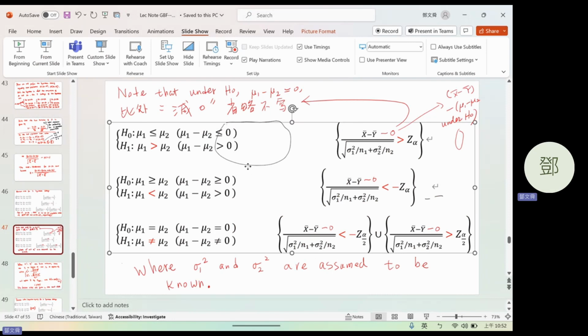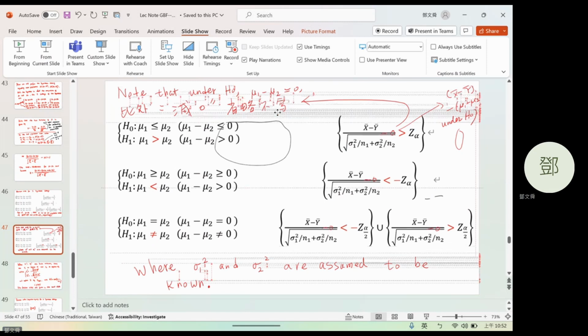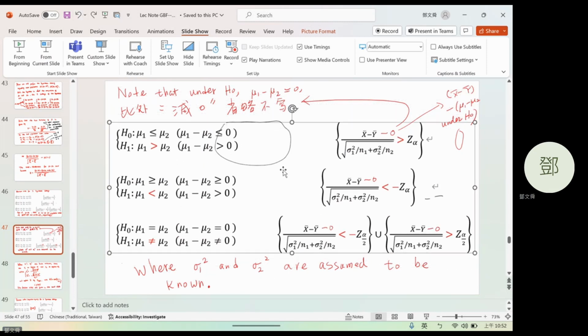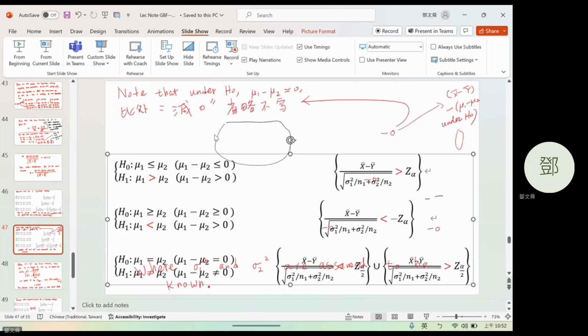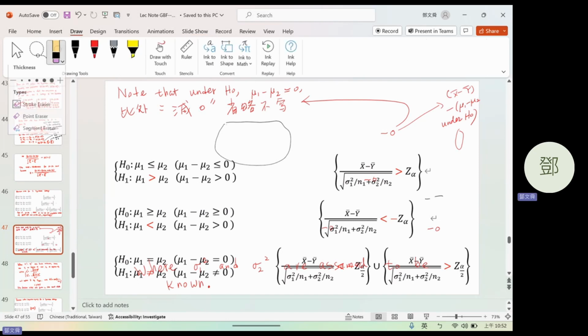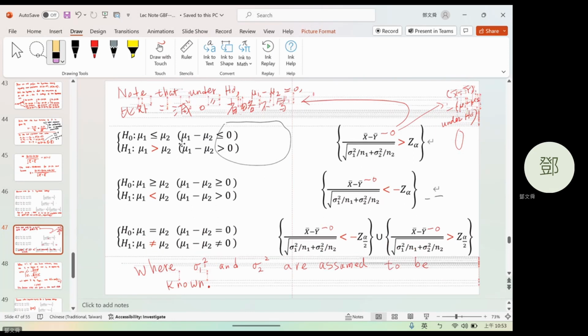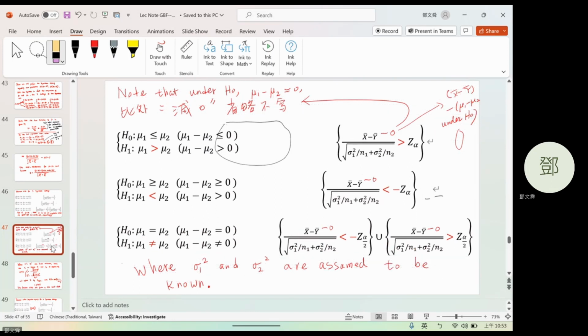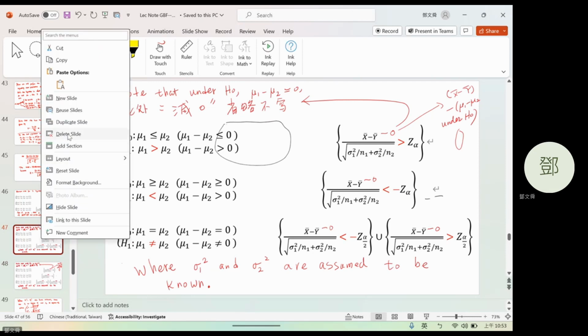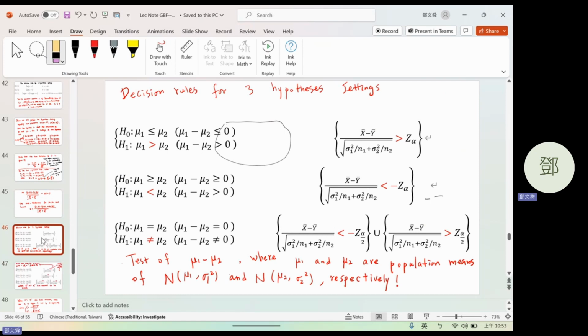What happened to the circle? Okay, no circle here.